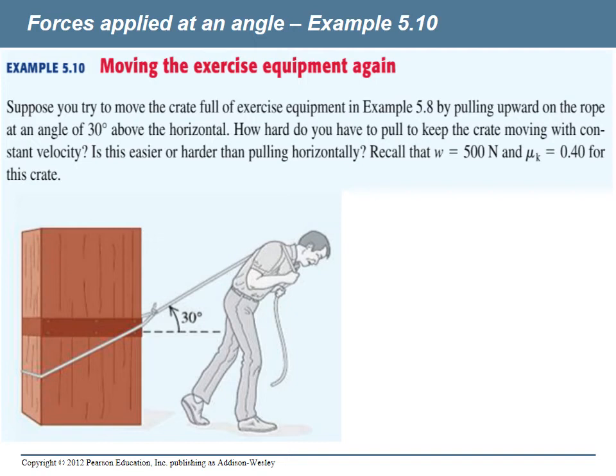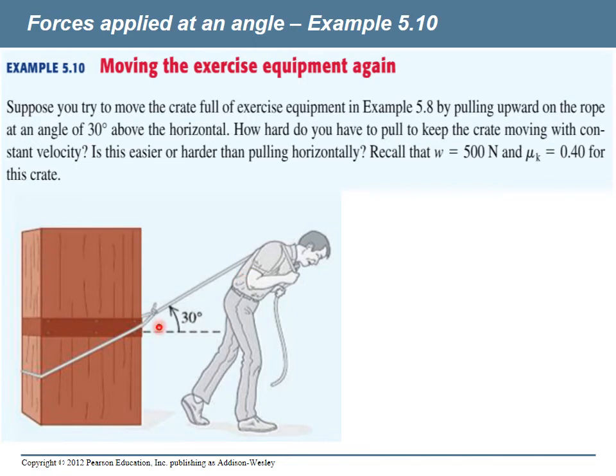Now, if I put part of my force into lifting it, so I pull upwards, then I'm giving it a y component of force, right? So effectively what that does is it reduces the normal force. Let's say that we pull, and you'll run through the example and solve this, but let's say our tension is 200 newtons.